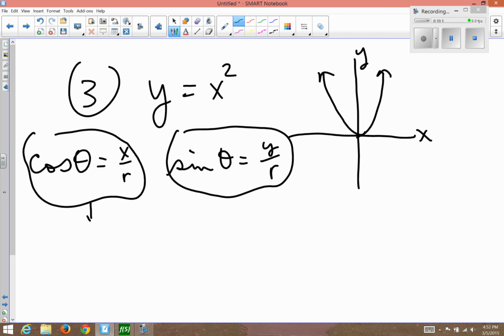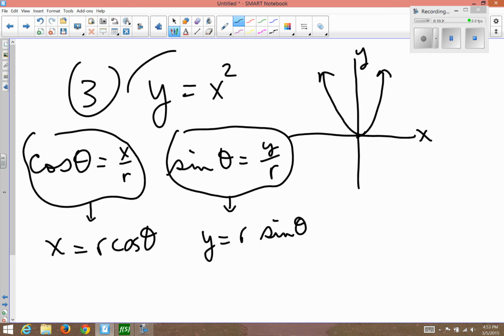From this definition, you get x equals r cosine theta. And from this definition, we get y equals r sine theta. Any equation that has a y in it, the y can be replaced with r sine theta. Anywhere there is x, the x can be replaced with r cosine theta.